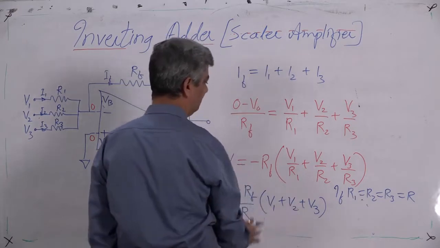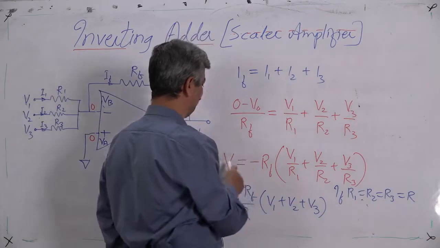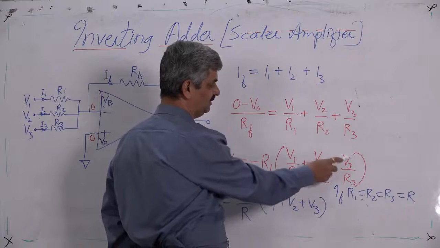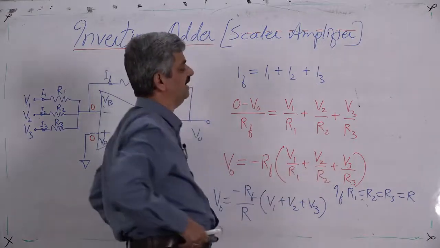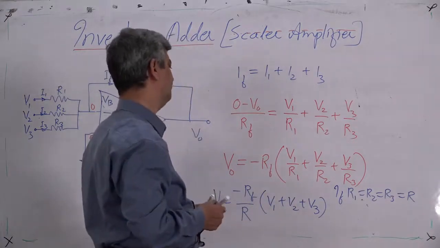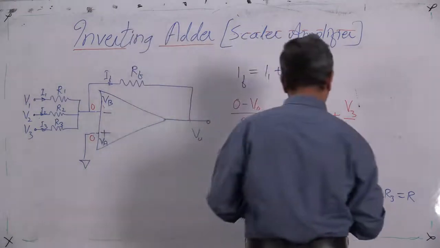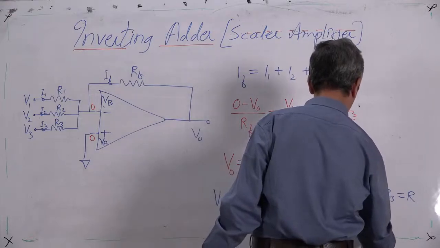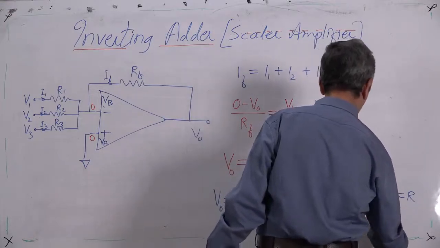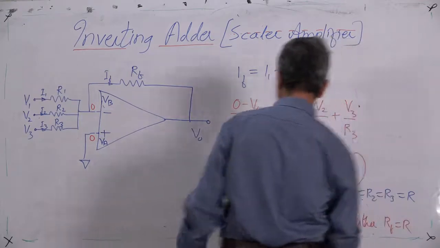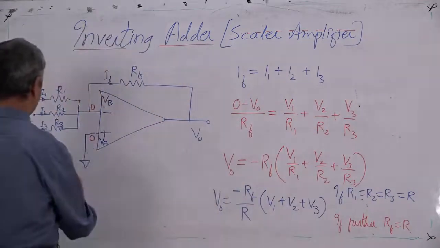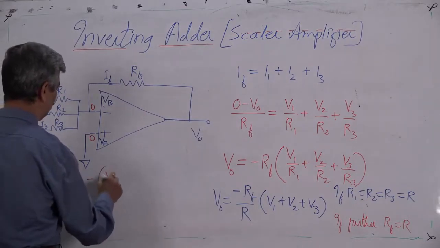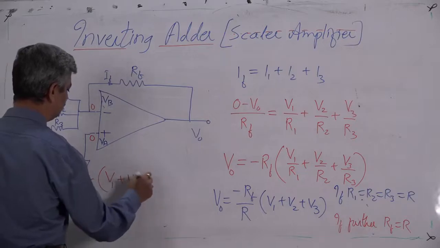So the general expression, VO is equal to minus RF into bracket V1 upon R1 plus V2 upon R2 plus V3 upon R3. So the voltages are multiplied by some constants. Now if further RF is also equal to R, in that case we get the last expression, the most important expression, VO is equal to minus into bracket V1 plus V2 plus V3.